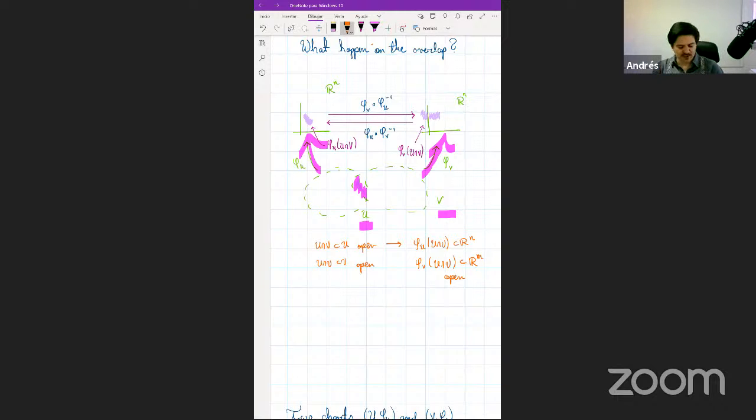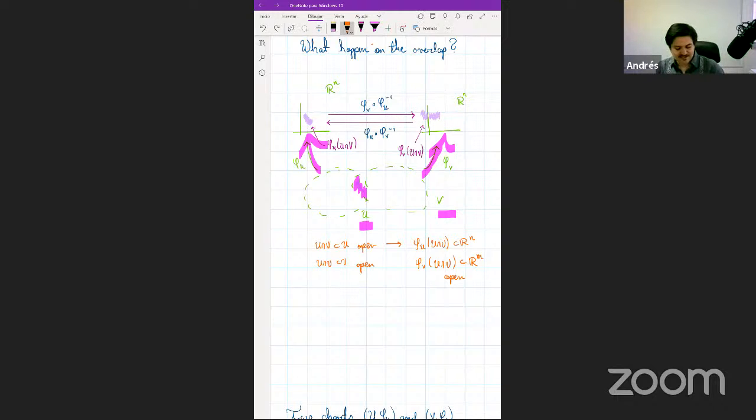La imagen de un abierto es un abierto. A lo mejor ahí quieres pensar en la otra función, pero por ser homeomorfismos, son funciones abiertas, mandan abiertos en abiertos. Para una función continua eso no es cierto. Pero como phi U y phi B son homeomorfismos, mandan abiertos en abiertos. Entonces tengo esos dos conjuntos abiertos, aquí y aquí.